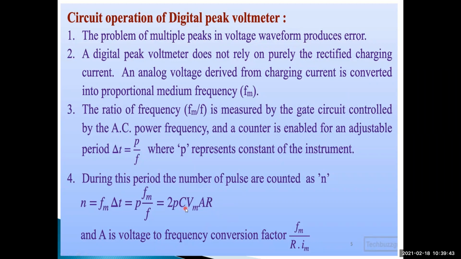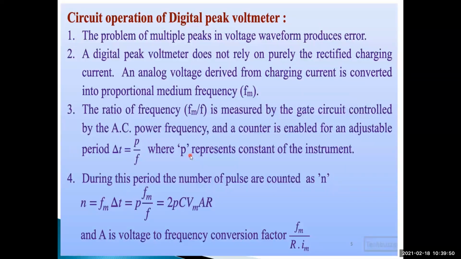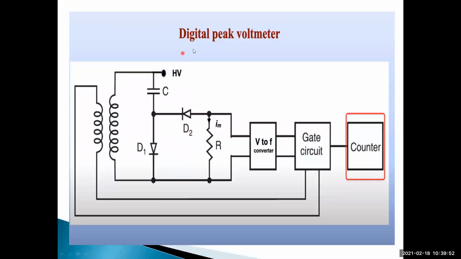So this is the fourth point: the peak voltmeter with potential divider, called the generalized digital peak voltmeter.